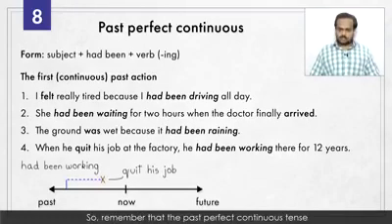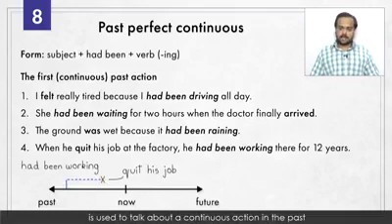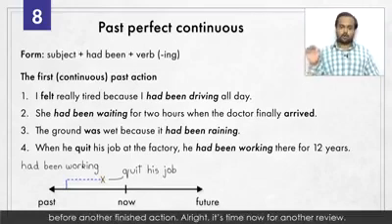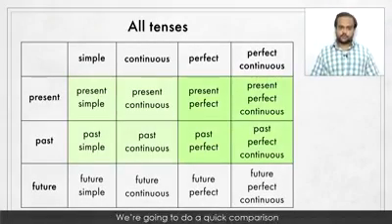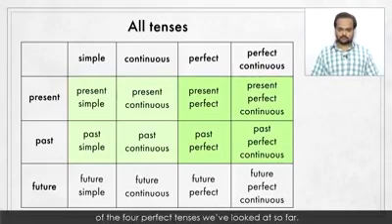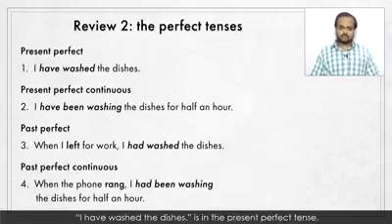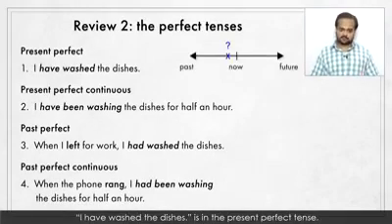So remember that the past perfect continuous tense is used to talk about a continuous action in the past before another finished action. Alright, it's time now for another review. We're going to do a quick comparison of the 4 perfect tenses we've looked at so far. I have washed the dishes is in the present perfect tense.